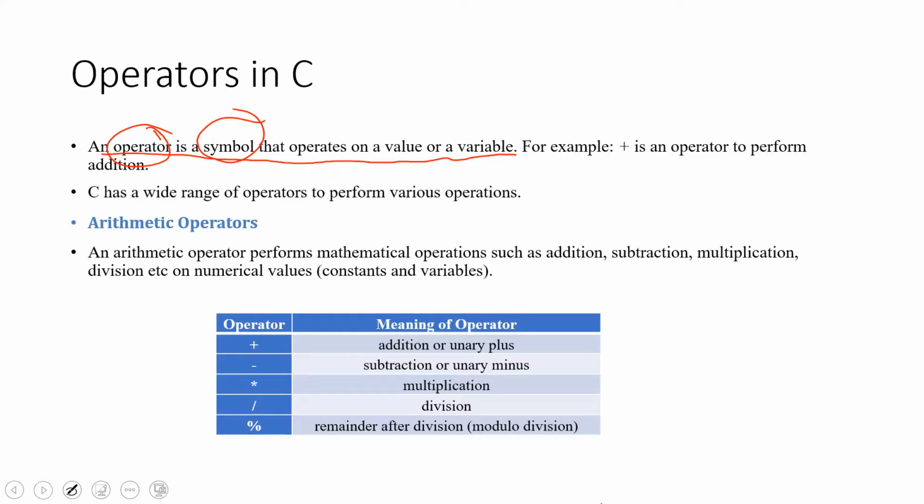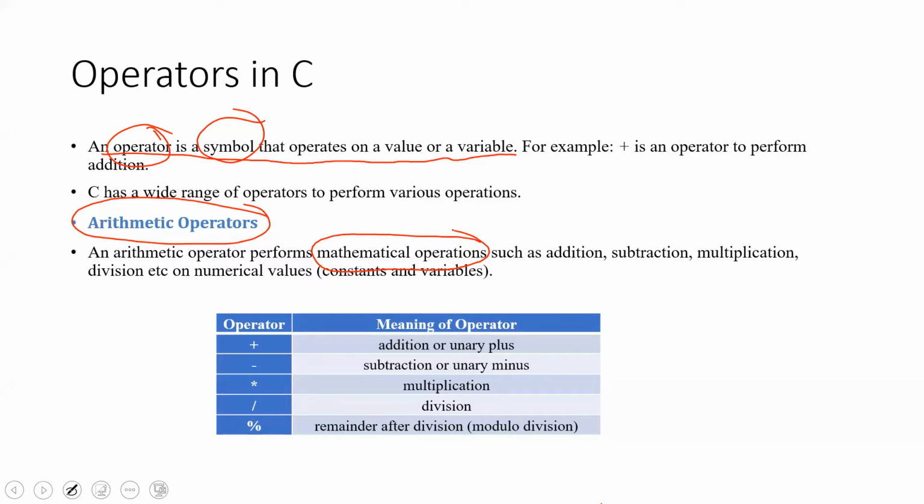When it comes to operators, first we discuss arithmetic operators. Arithmetic operators are used to perform mathematical operations. Whatever mathematical calculations we have, we can perform with the help of arithmetic operators.